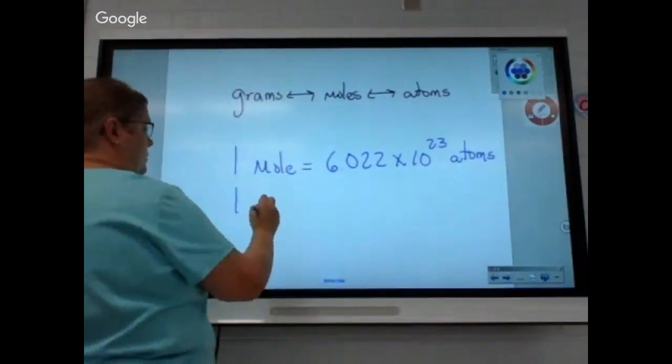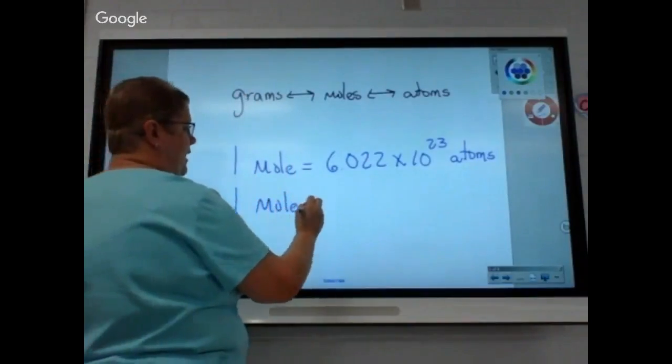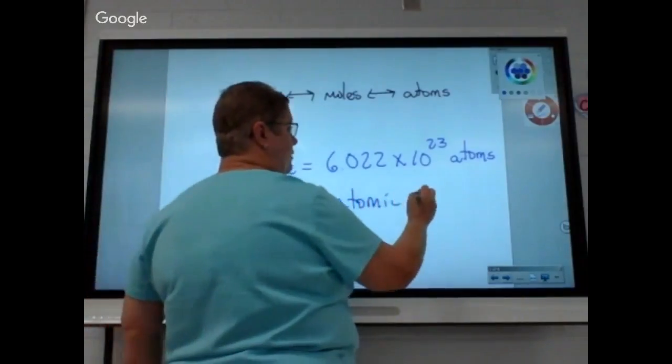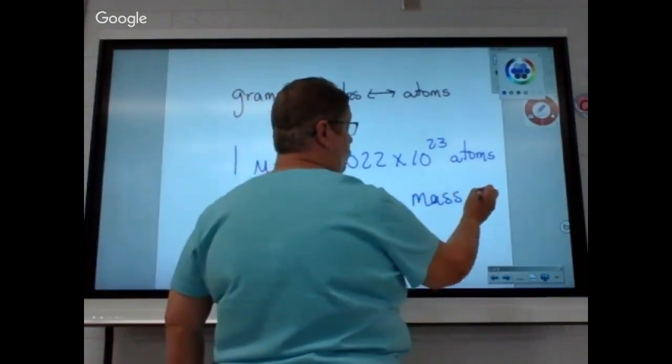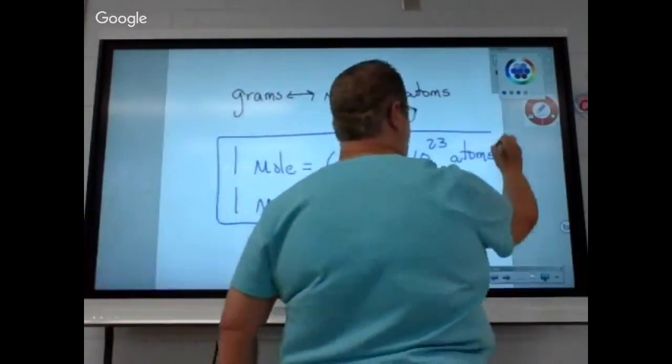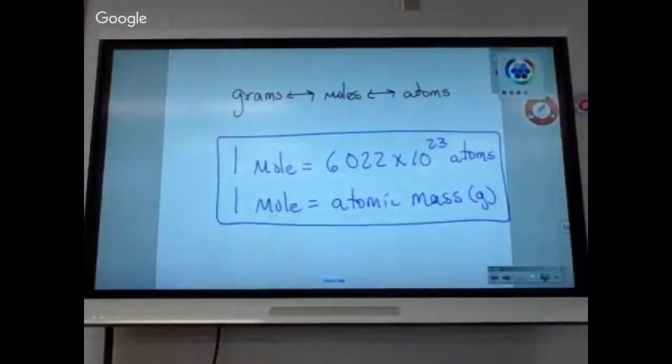And one mole can equal the atomic mass in grams. Okay? These are the two conversion factors we're getting ready to use, and that's our flow chart. So they are the what? Those are the two conversion factors that we're getting ready to use. These two conversion factors, and then that little flow chart at the top.